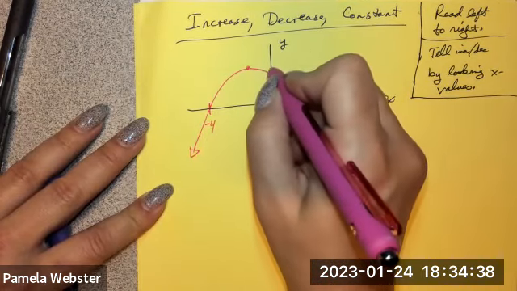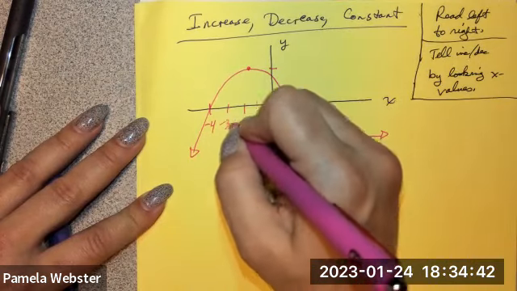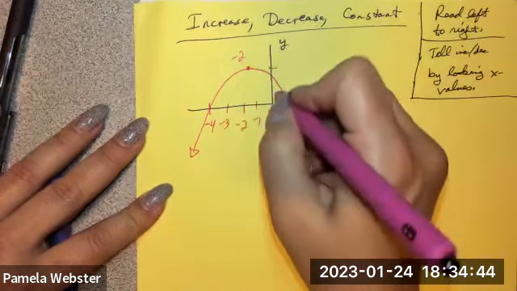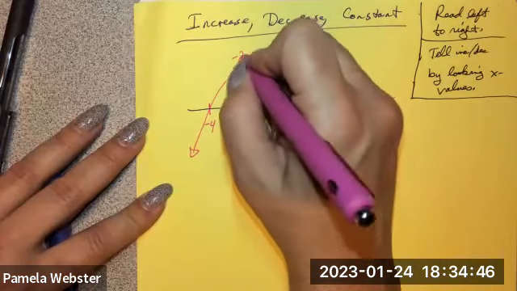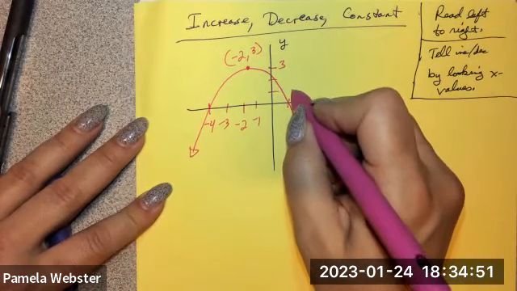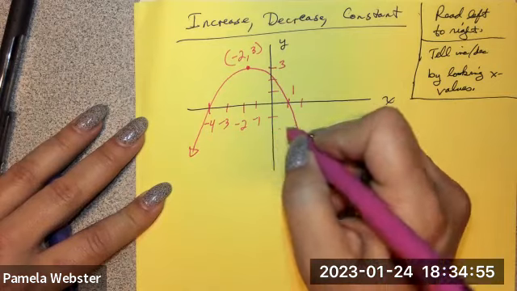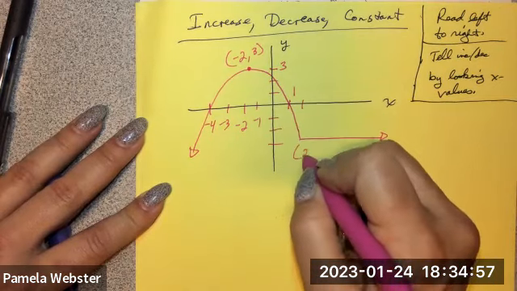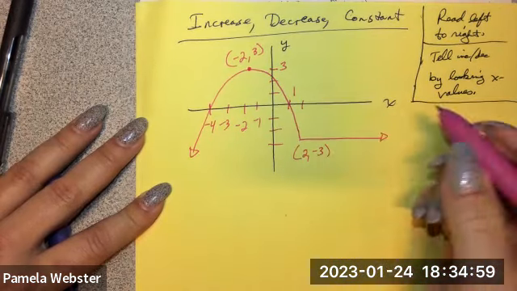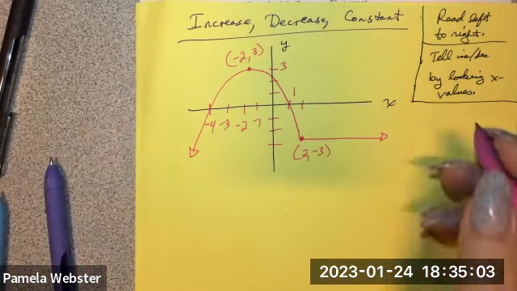This is the point, let's say, -2, and let's make this 3. Okay, this is the point 1. This is the point 2, -3. Okay, where this turns, and this goes all the way out to infinity, of course.